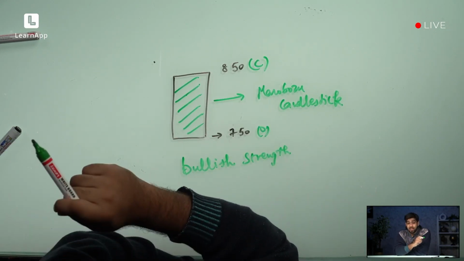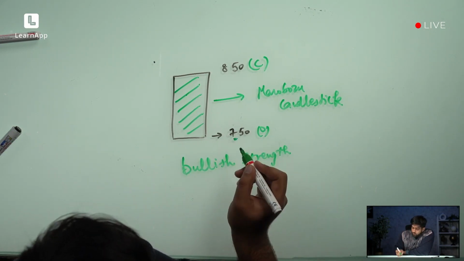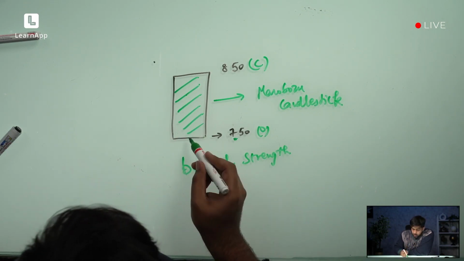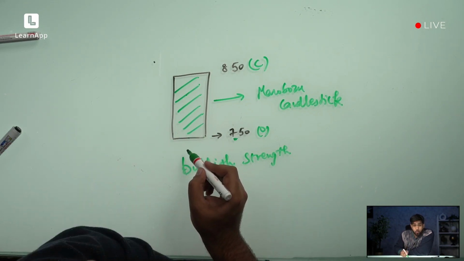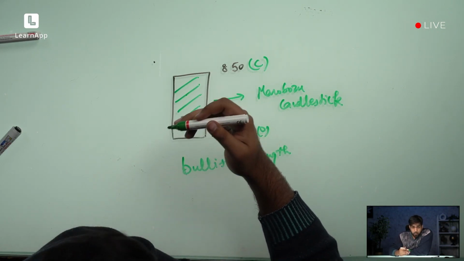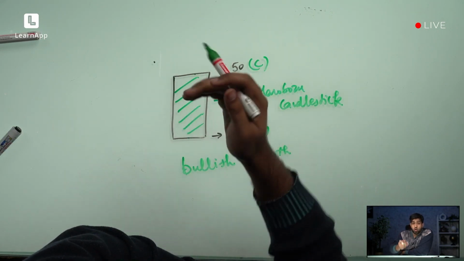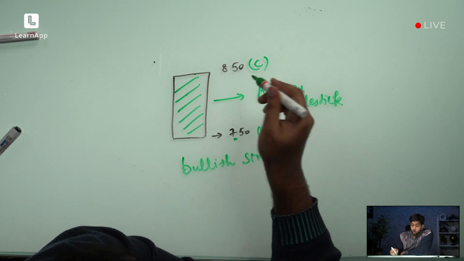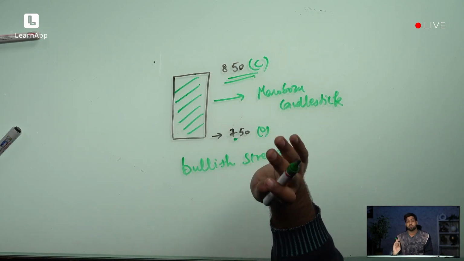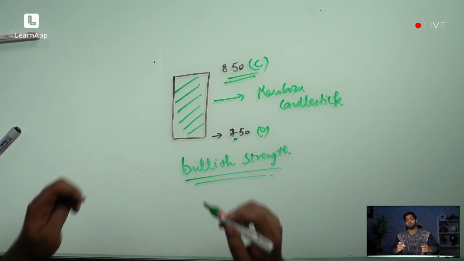But the technical analyst will see that it opened at 750 and it didn't go below the opening price even an inch, and then it moved up, and there was no point where the price got any kind of rejection because it closed at the highest price point. So that is why this candle has a lot of bullish strength.